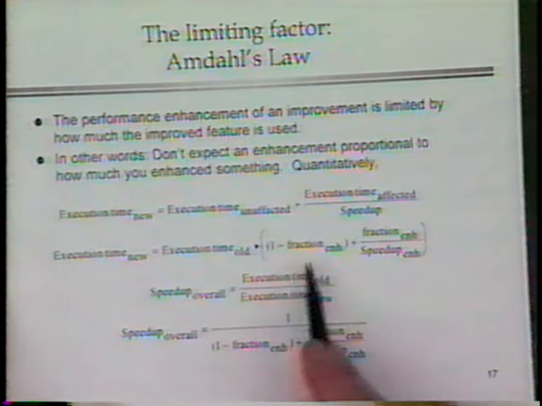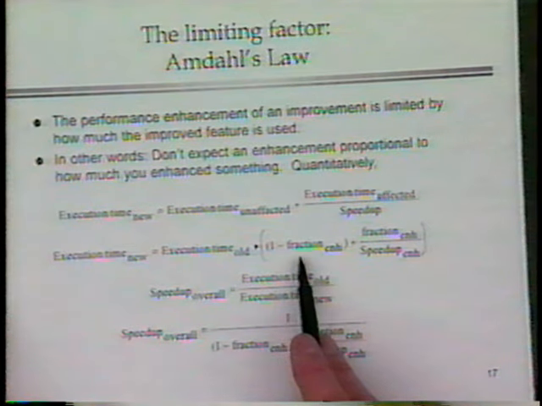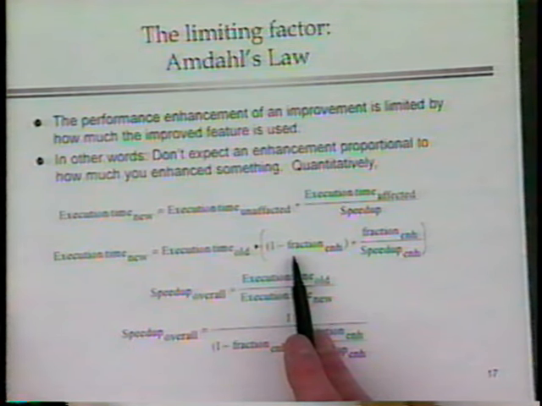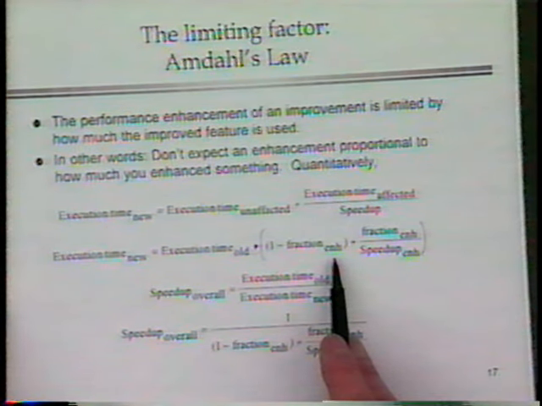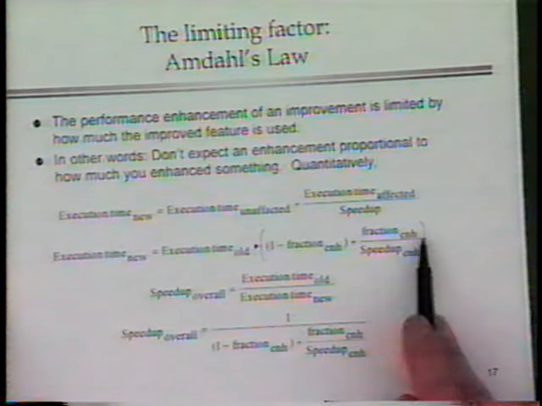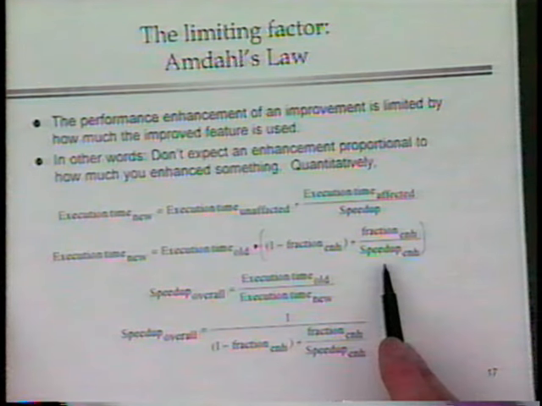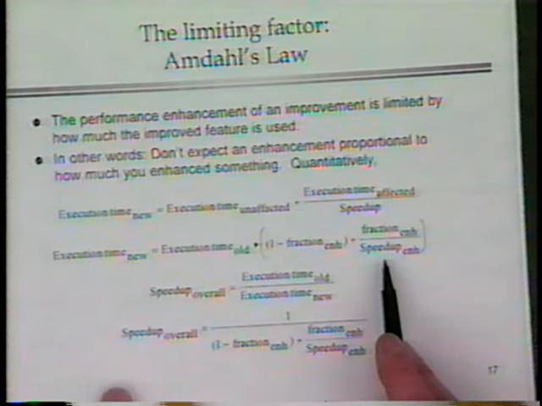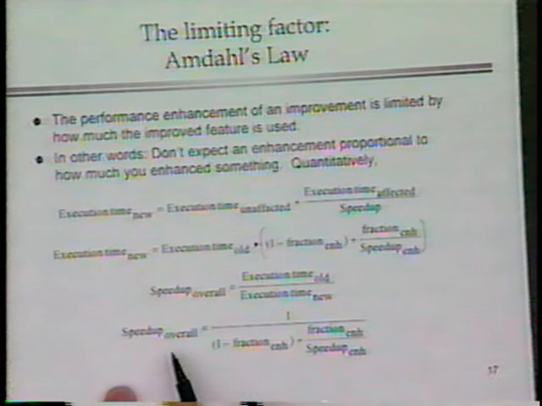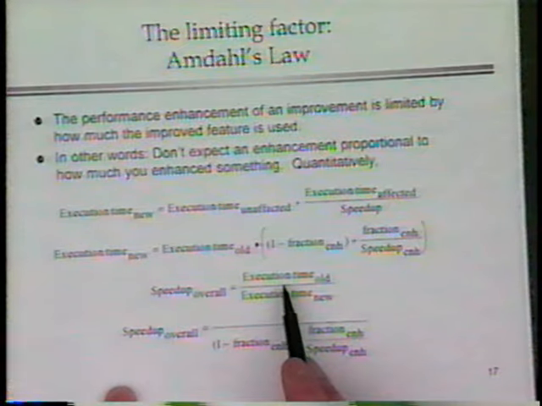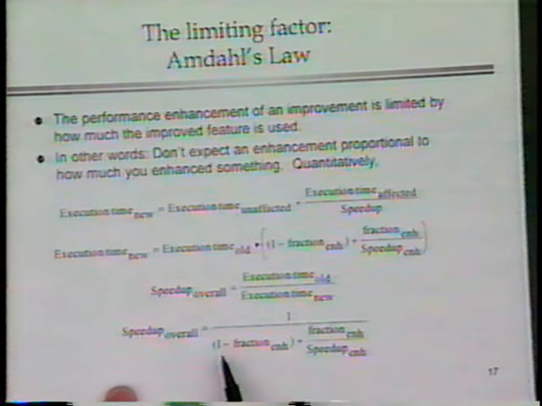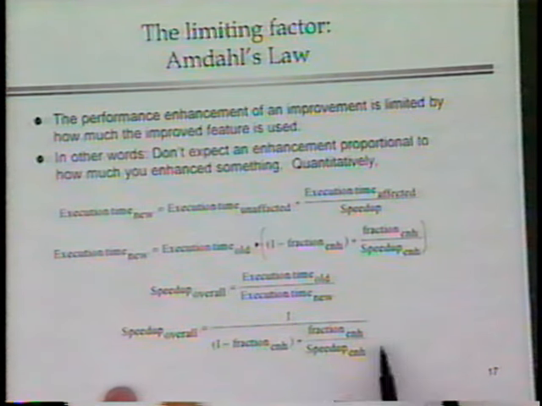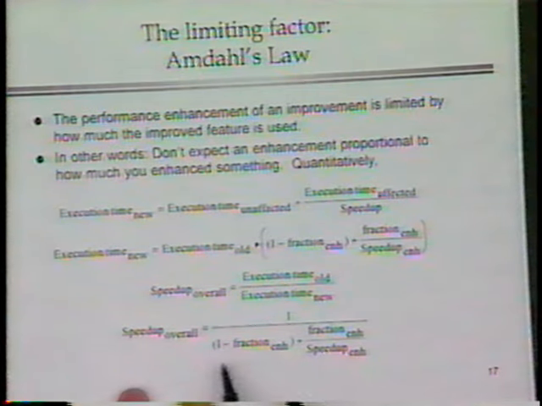So the overall execution, if we say that the fraction from 0 to 1 of the amount of time that feature is used is fraction enhanced, then 1 minus fraction enhanced is the fraction that it's not being used, and fraction enhanced is the fraction that it is being used and is the part that's eligible for speedup. So the speedup, which is the old execution time divided by the new execution time, is 1 over the sum of those two factors.